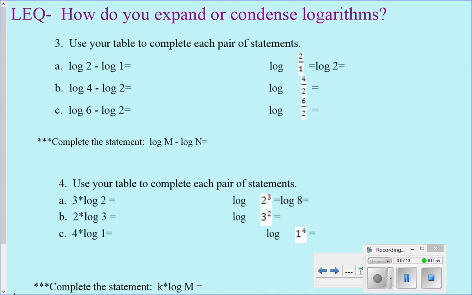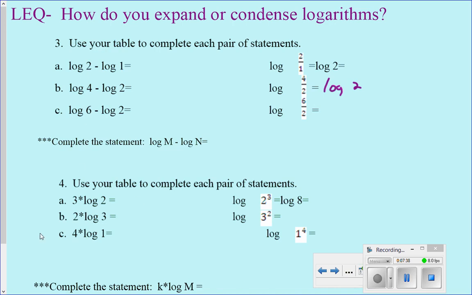Okay, so hopefully you did fill these values in for sections 3 and 4, and you should have realized that the log of 2 minus the log of 1, whenever you figured out that value, was equal to the log of 2, which was 2 divided by 1. The log of 4 minus the log of 2, taking those two separate values and subtracting them, was the same thing as the log of 2, 4 divided by 2.